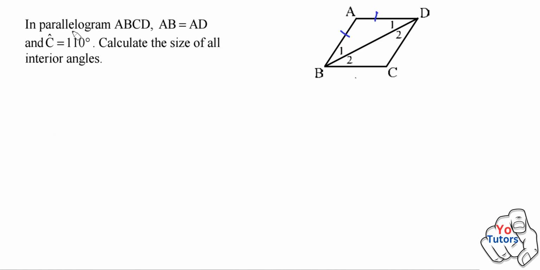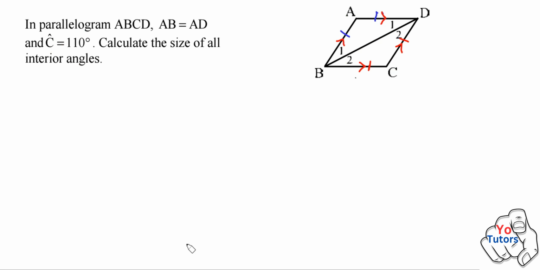Now, if we are told that it's a parallelogram, again, we can also add, because we're told that it's a parallelogram, this side here is parallel to that side, and that side here is also parallel to that side. And again, this side here will be equal to that, and this one will also be equal to that, because these opposite sides should be equal. So I'm just saying you can just put those down, then you won't have a problem.